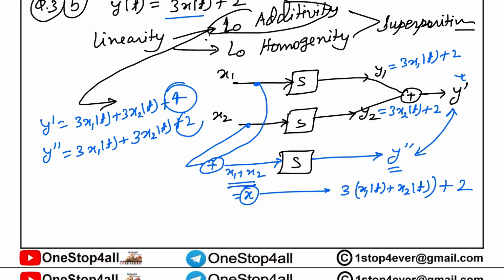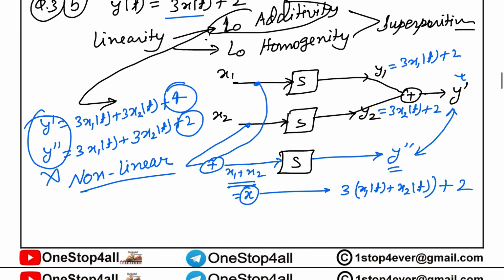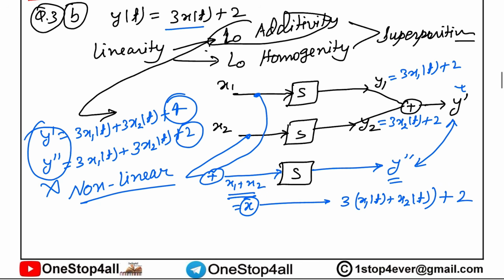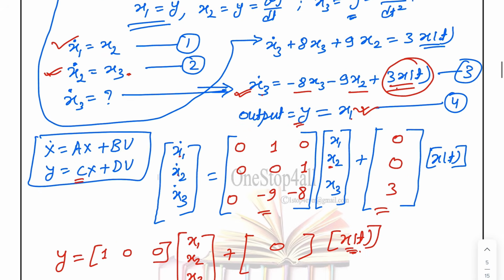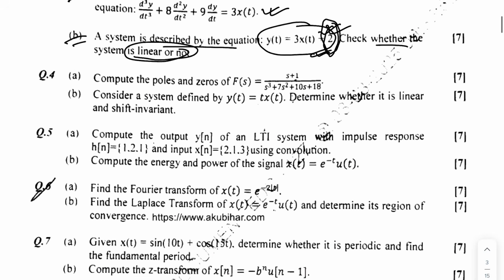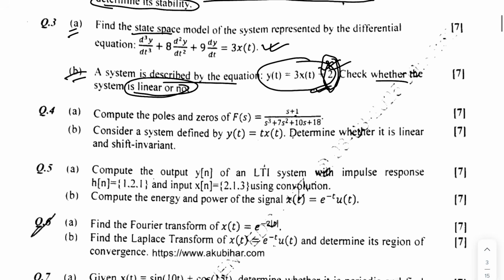So these two are not equal, and hence it will be non-linear. For a clear explanation, you can look at the previous lectures of the playlist Signals and Systems. So that will be your solution for question number 3B.